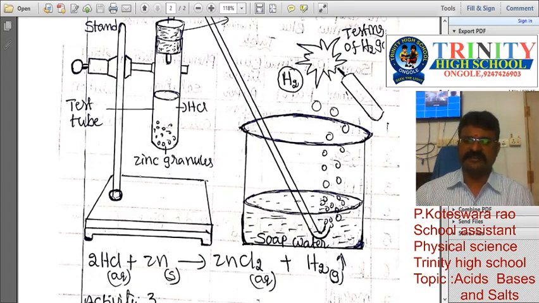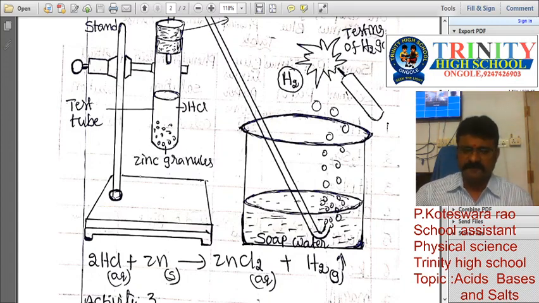Next, Zn, zinc, is in solid state, so we take s. It gives rise to ZnCl2 aqueous, zinc chloride, and hydrogen gas is eliminated. How can you decide it is a gas? We use the upward arrow mark.